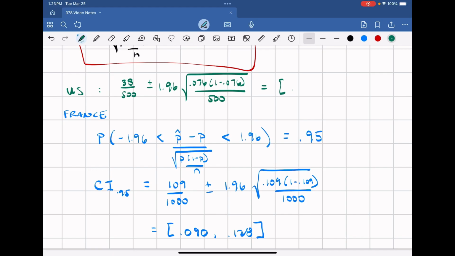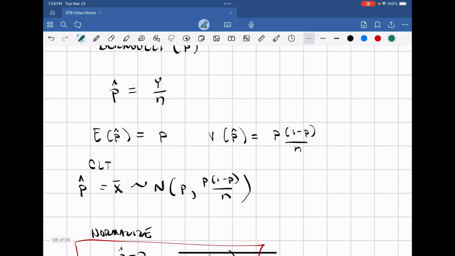And that means the U.S. unemployment rate, we are 95% certain that it is between 5.3% and 9.9%. And that's how we can answer part A, or the part 1 of this question.